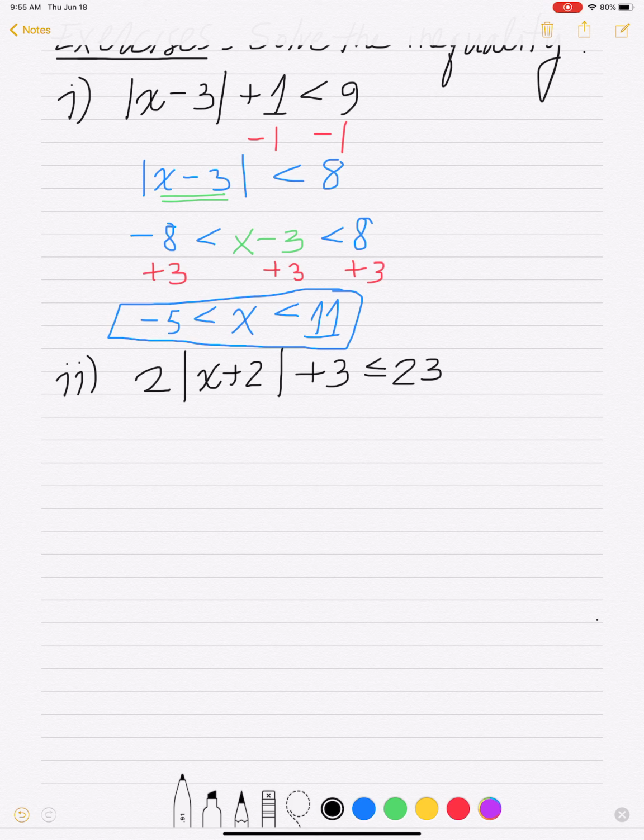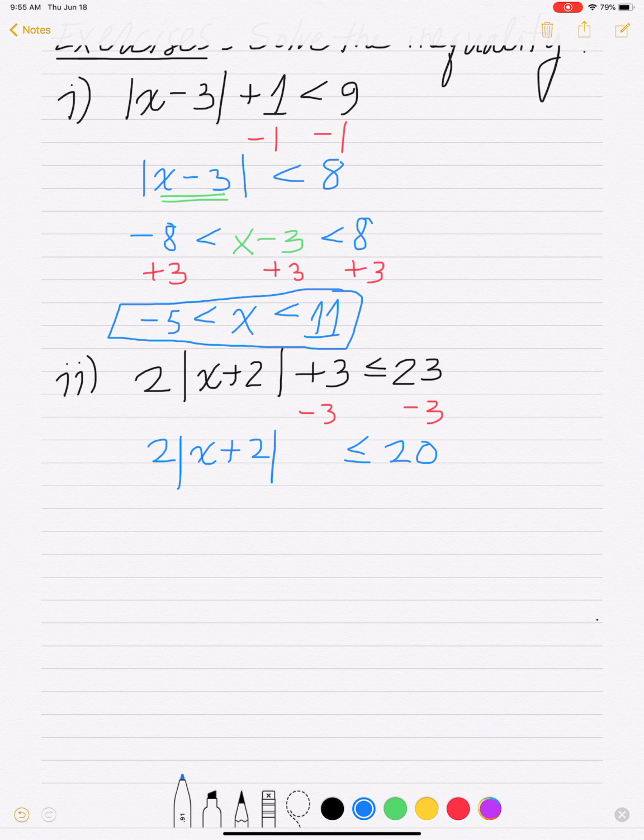Okay, so the idea is you want to get the absolute value by itself. Is the absolute value by itself on the left side? No. So first we're going to subtract 3 from both sides to get rid of that plus 3. So that's going to give us 2 times the absolute value of x plus 2 less than or equal to 23 minus 3, 20.